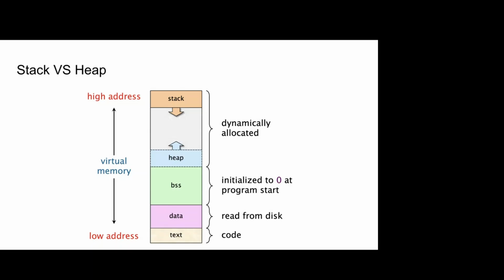The heap, on the other hand, is a region of the memory block that is dynamically allocated during the program execution. So basically, longer lasting things like classes or larger objects get put into the heap.